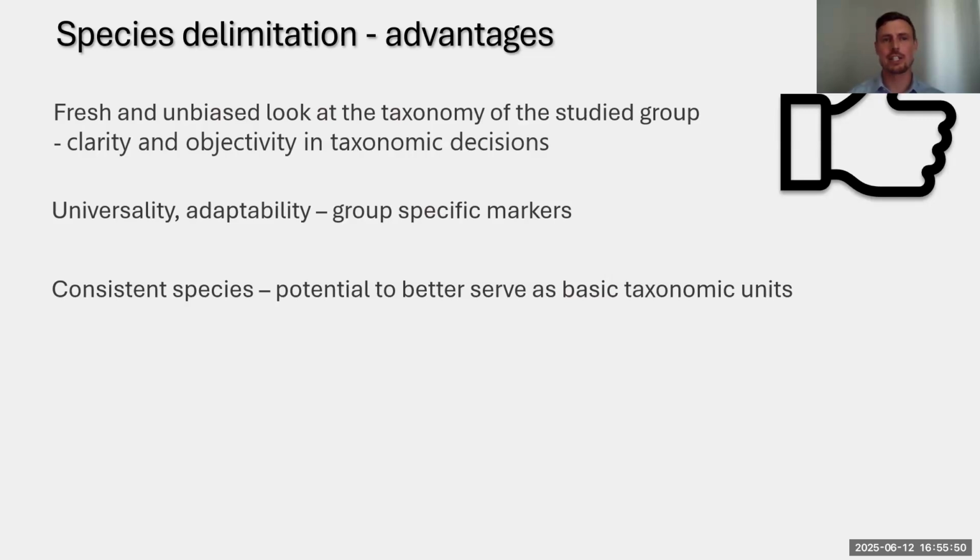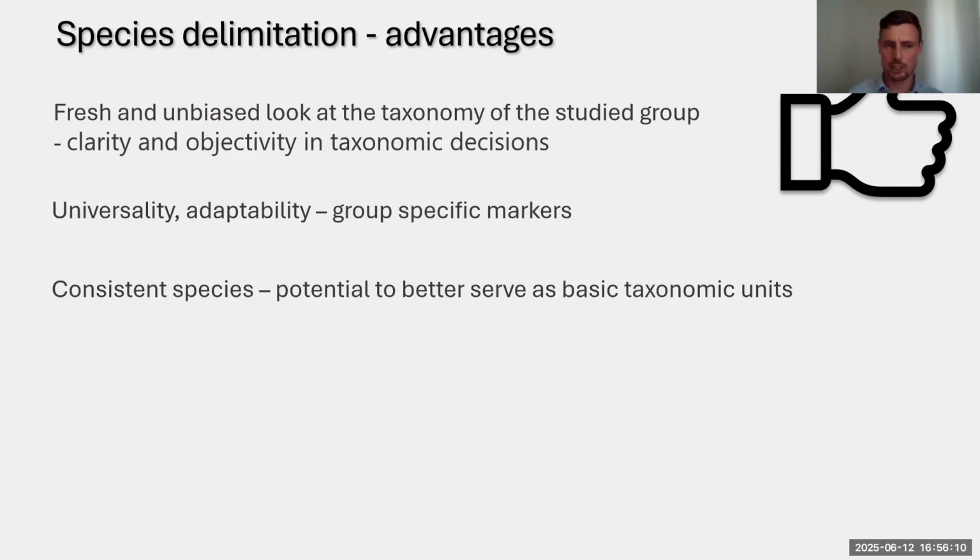And here are just summarized some of the advantages that I see in this approach. So it offers you an unbiased look at your studied group. If it's used properly, it should enhance the clarity and objectivity of the taxonomic decisions.